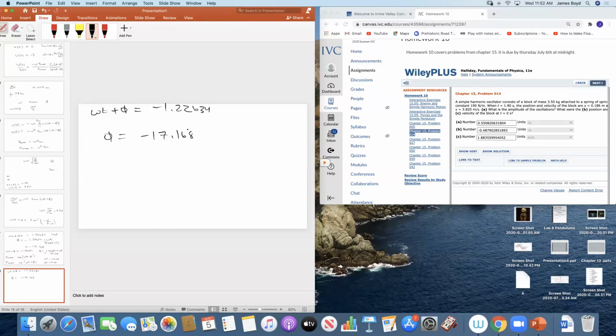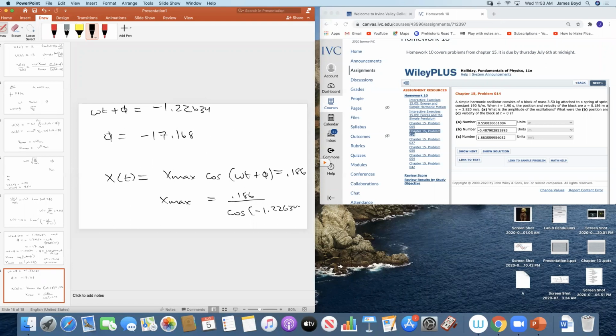Okay, so what we need to find is the maximum amplitude. We know that x at t was x max times cos of omega t plus phi, and that is equal to 0.186 at time 1.9. To find x max, I just need to put in 0.186 divided by cosine of negative 1.22634.